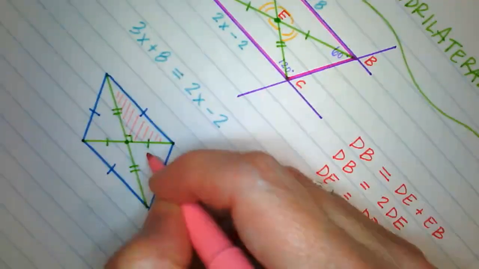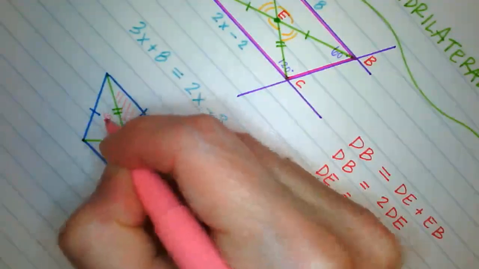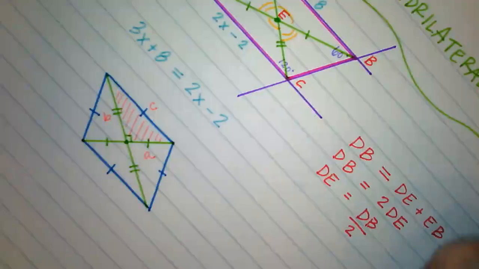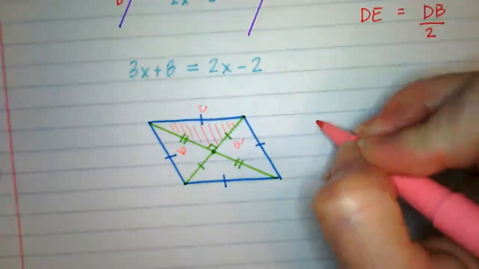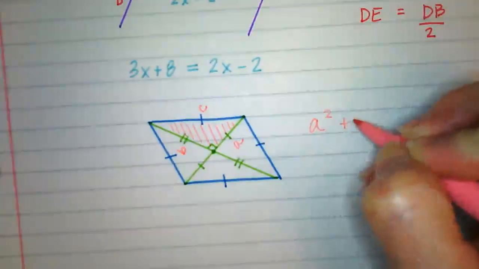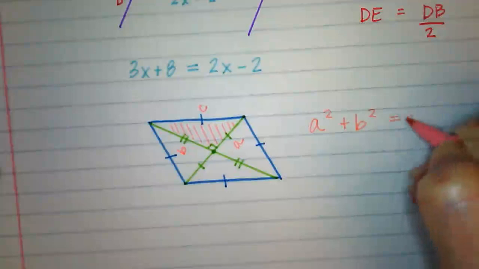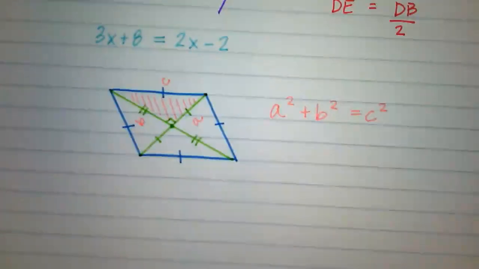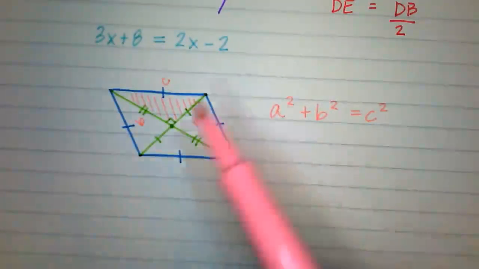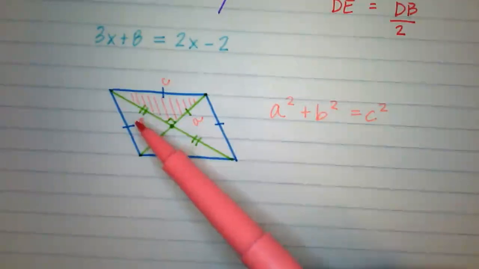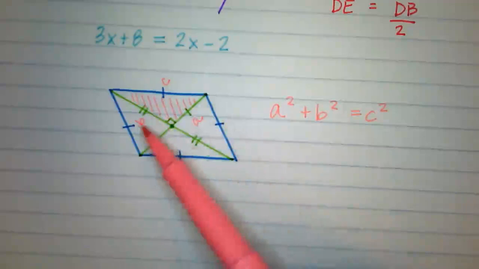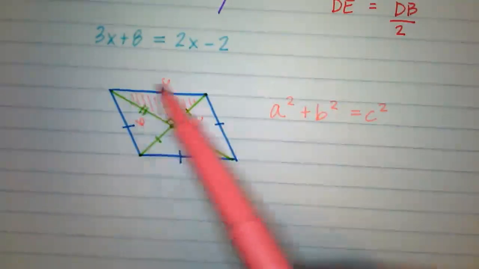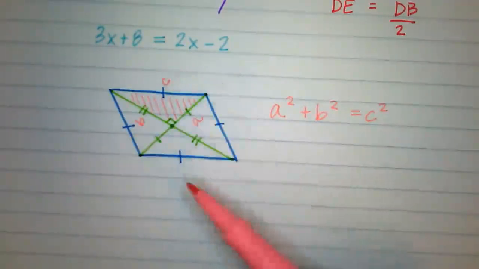Keep in mind that you know a certain very important theorem that you learned in Math 8 that applies to right triangles, and that is the Pythagorean Theorem, that a squared plus b squared equals c squared. That can be very useful if you're asked to find the lengths of the sides, or maybe you know the lengths of the diagonals and you're trying to find the sides of the rhombus.